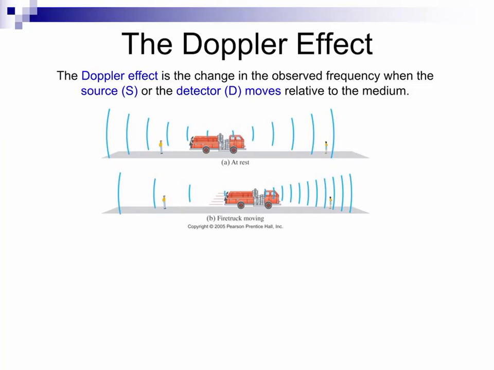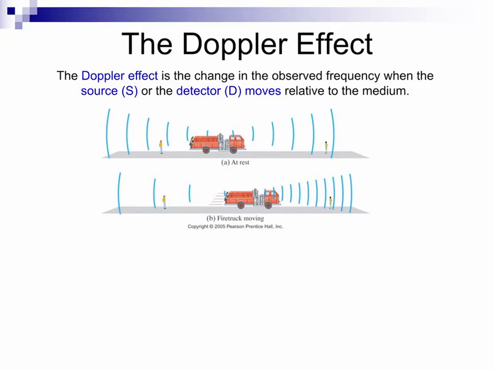But can you detect how the pitch changes? While the source is moving towards you, it has a higher pitch because you have this closely spaced compression of the medium. Moving away from you, you have a lower pitch.